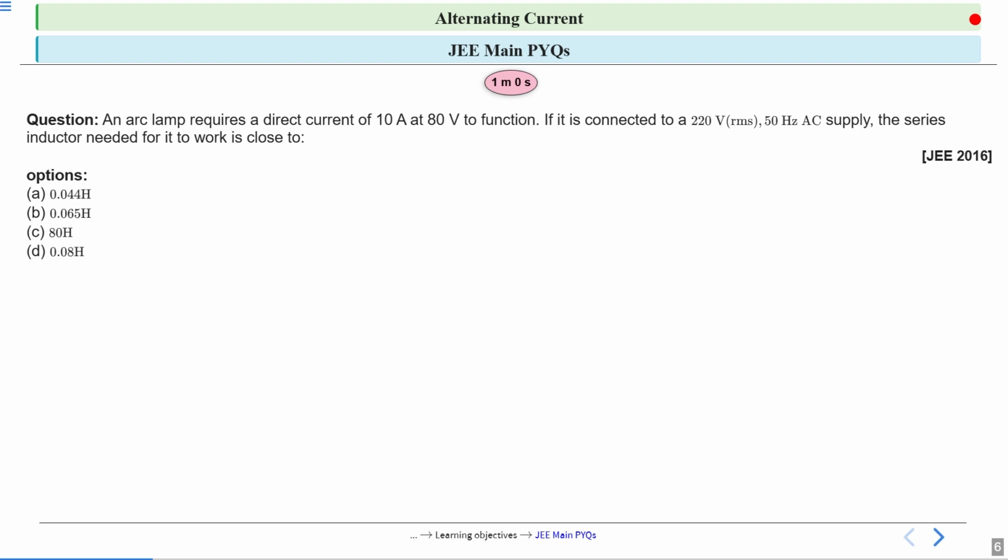We have to deliver the same power in the AC circuit also, so that the bulb will glow with the same brightness and will not fuse.